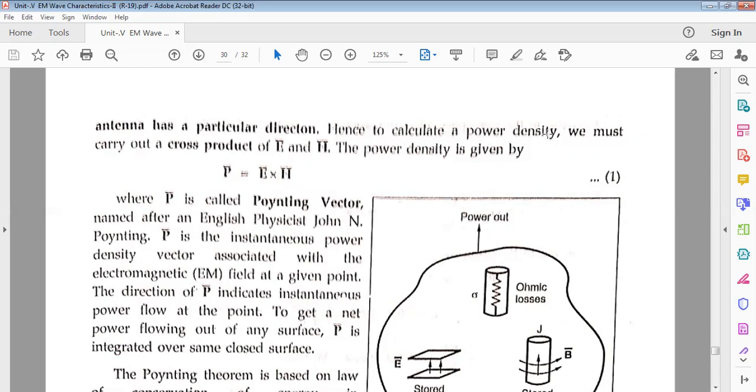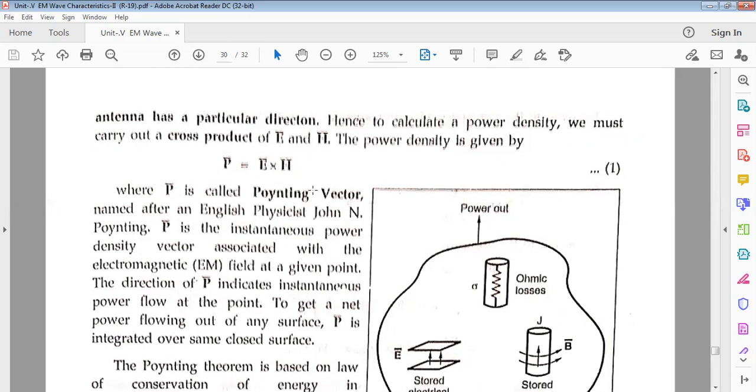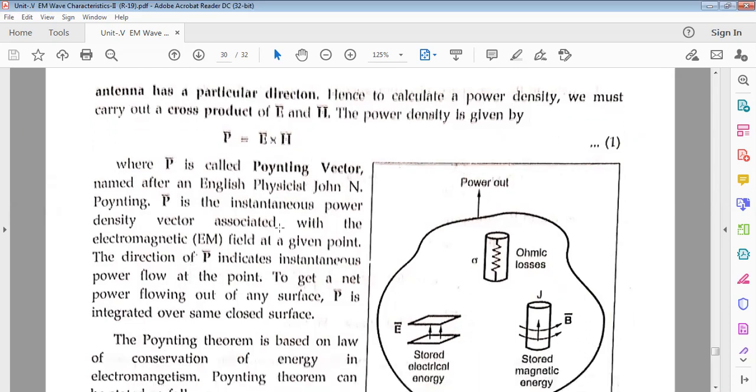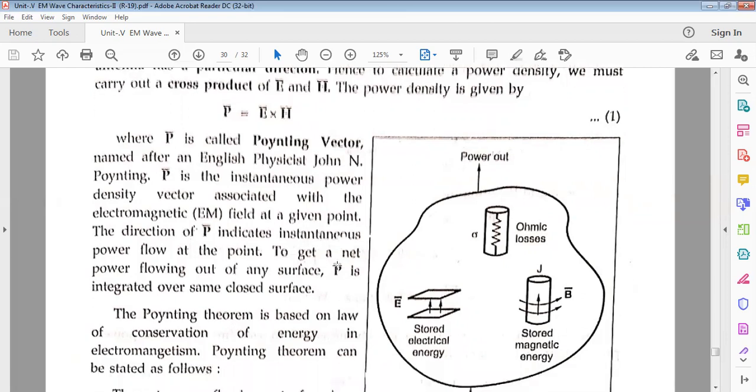Hence, to calculate the power density, we must carry out the cross product E bar cross H bar, where P bar is called the Poynting vector. The direction of P bar indicates the instantaneous power flow at the point. To get the net power flowing out of any surface, P bar is integrated over the same closed surface.